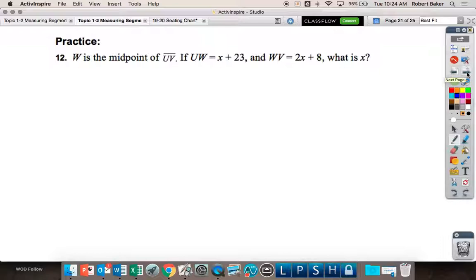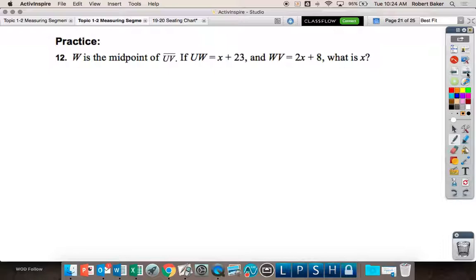So here it is. Uh-oh, the training wheels are off. Two things are going on here. A new term is introduced, the term midpoint, and they have subtracted a picture. So you must draw your own diagram, and you must use the word midpoint somewhere in there.